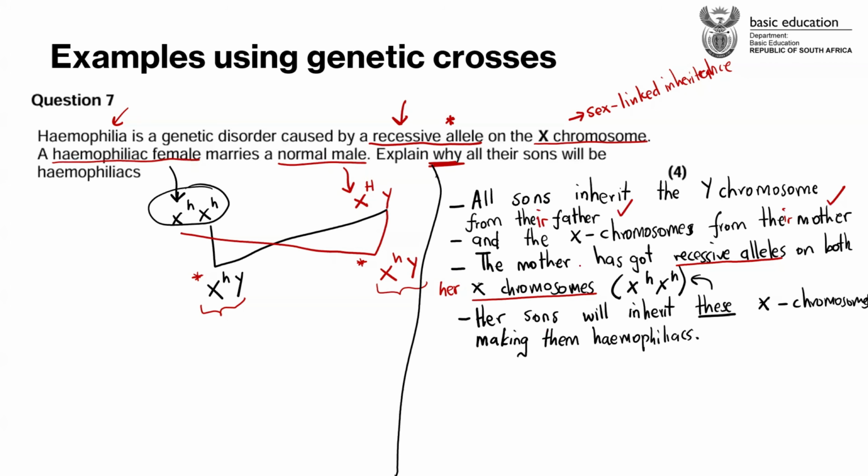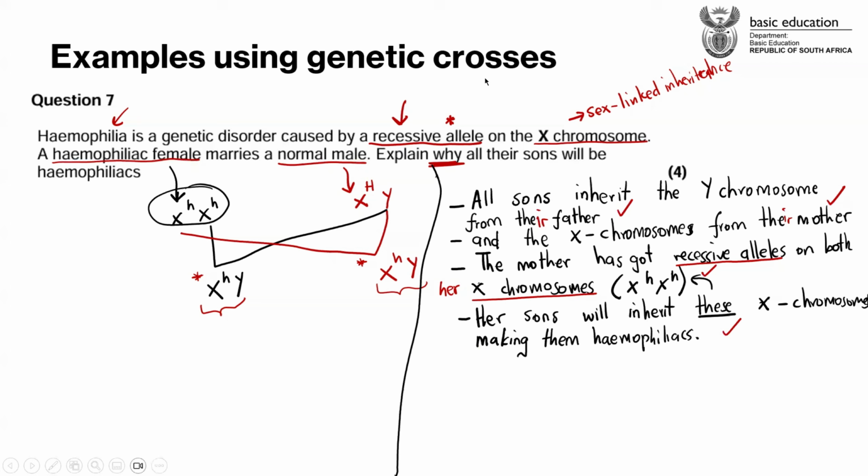That's what's known. So in this case, the mother has got recessive alleles on both her X chromosomes. So her sons will inherit these X chromosomes, making them hemophiliacs.